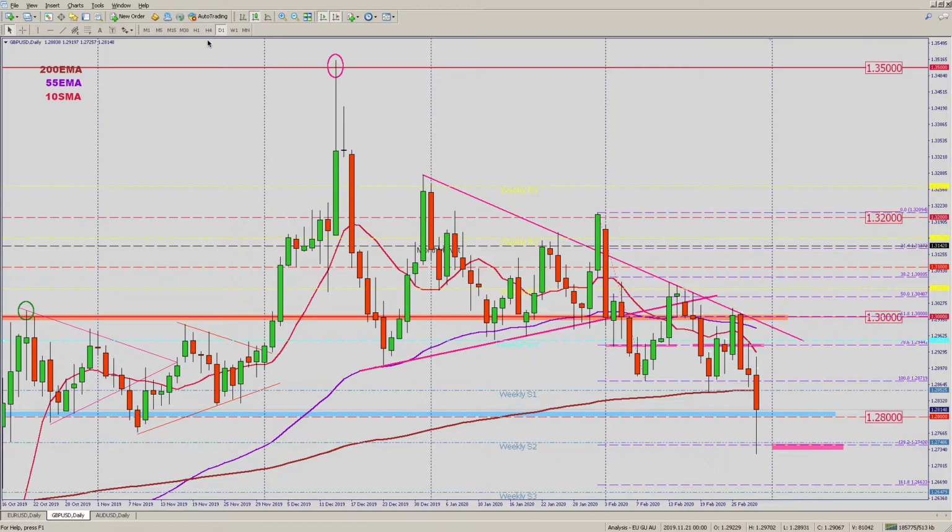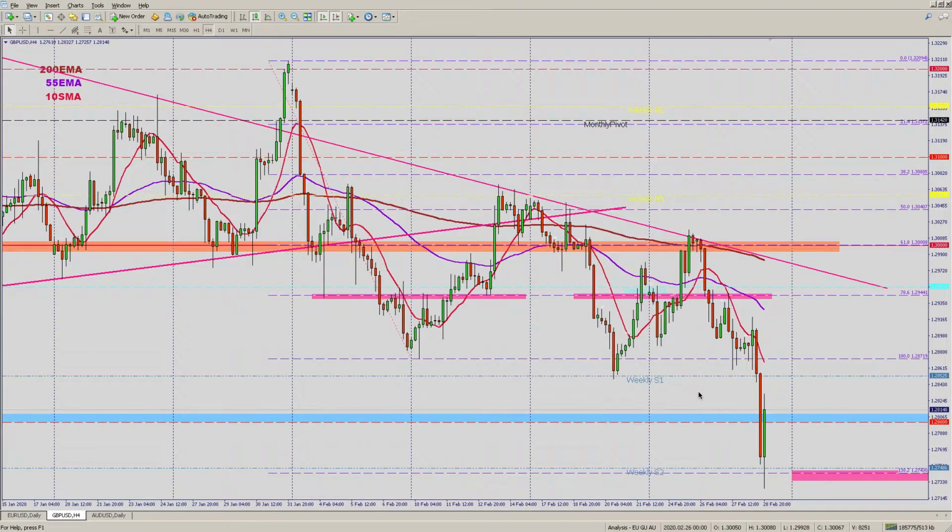Right, you can see on the four hour time frame that on Friday is where the massive fall was. It fell through weekly S1 pivot and then spiked the weekly S2 pivot.